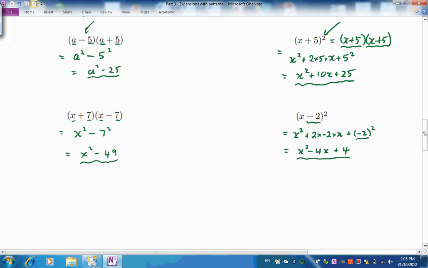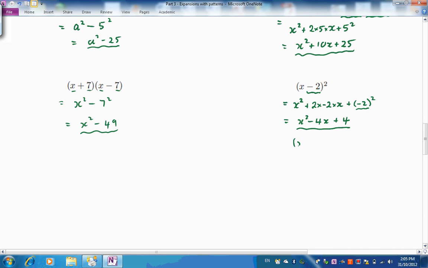Now for that one, I think we should check it, just to see what's going on there with this negative business. I think we should check that, do it the long way. Alright, this one by this, x by x, x squared, there's the next one. X times neg 2 is neg 2x. And do it in here now, neg 2, oh, there's another neg 2x. And then neg 2 by neg 2 plus 4.